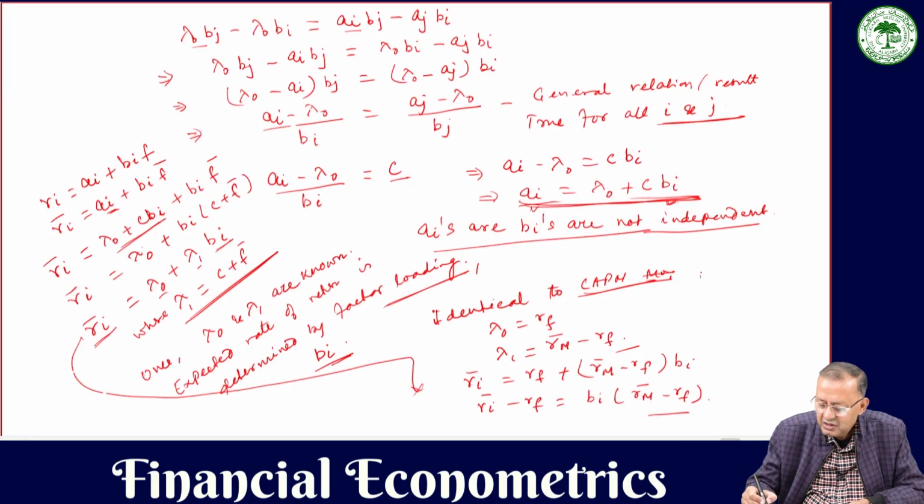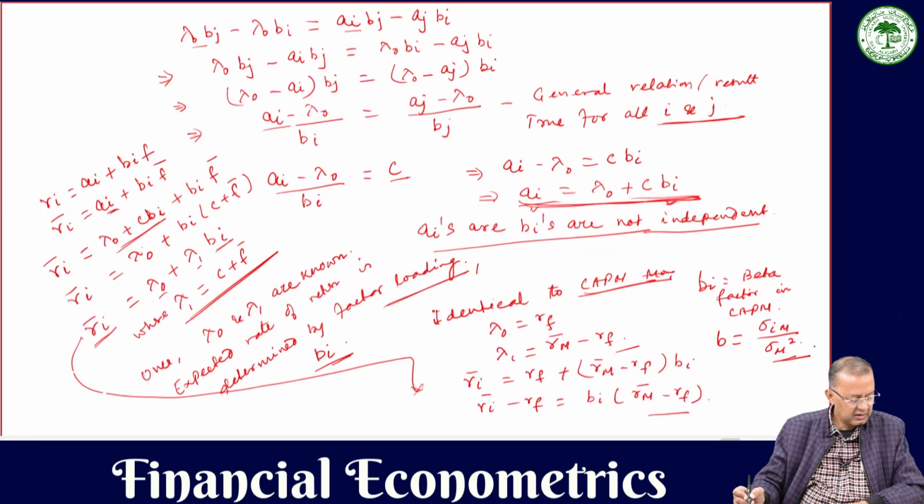And what is this BI? BI is nothing but the beta factor in the CAPM model. What is this beta factor? The beta factor is equal to sigma IM upon sigma M squared. Clear?